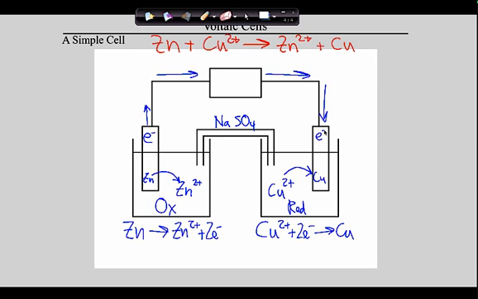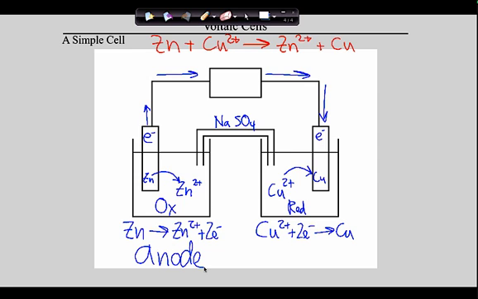So now, guys, we've sort of identified the flow that's taking place here. Now what we need to do is we need to give these cells names. So oxidation is happening over here. Let me say it differently. In the cell where oxidation is taking place, we give that cell a name, and it is what is called the anode.